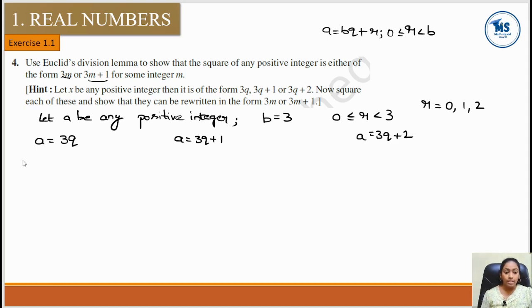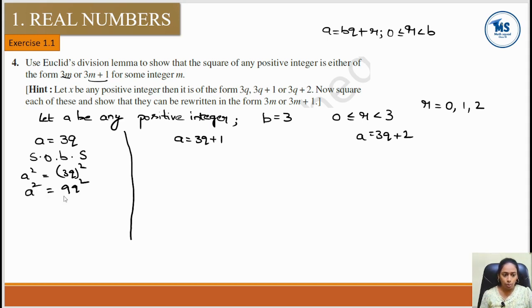Okay. Here they are asking the square of any positive integer. So squaring on both sides. a square is equal to 3q whole square, right? Then a square I can write as 9q square.